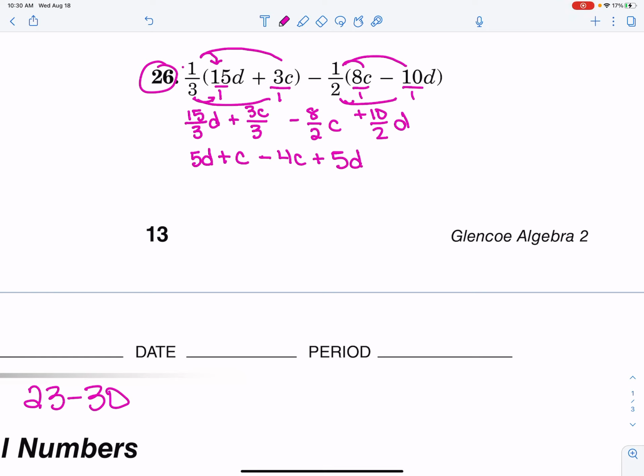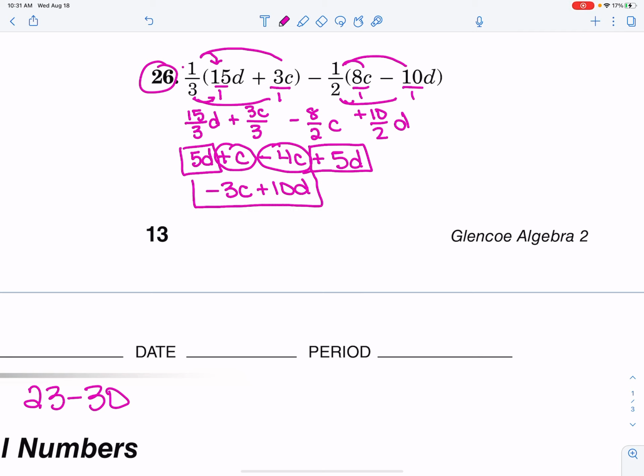Okay, so I'm going to circle all of those with the c and box all the ones with the d. Let's do c's first. c minus 4c gives us negative 3c. 5d plus 5d gives us plus 10d. Those two cannot be combined because they have a different variable. So there's our solution for that one.